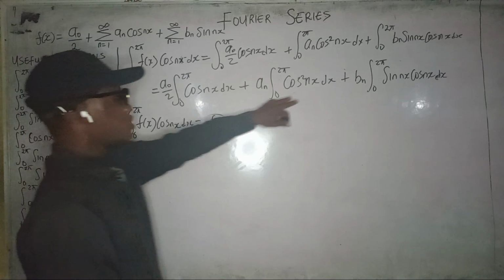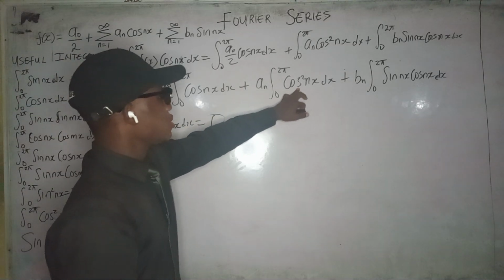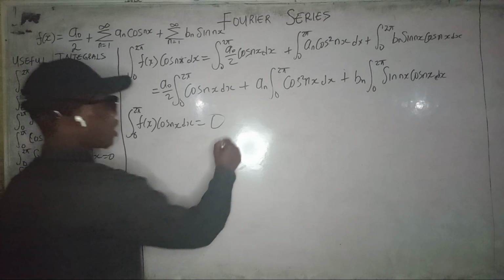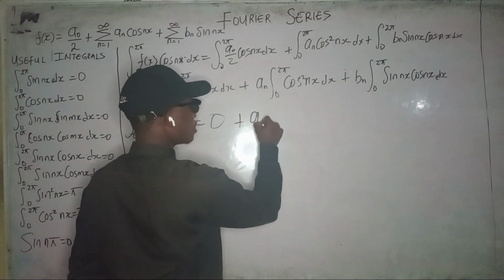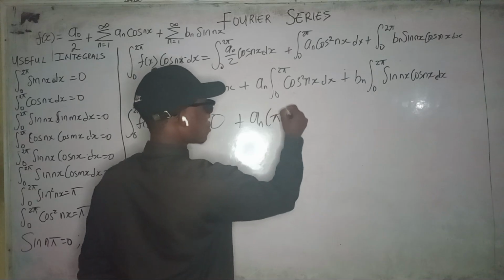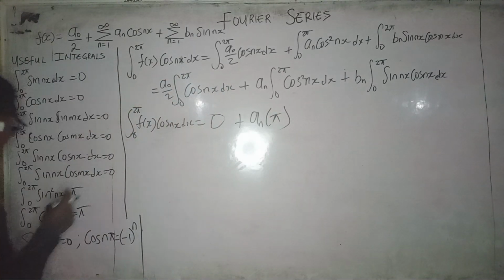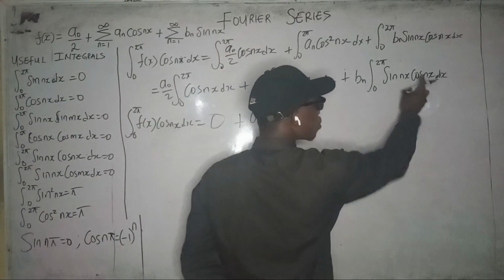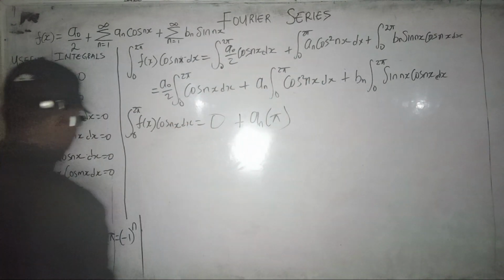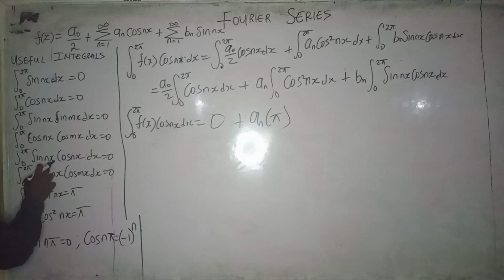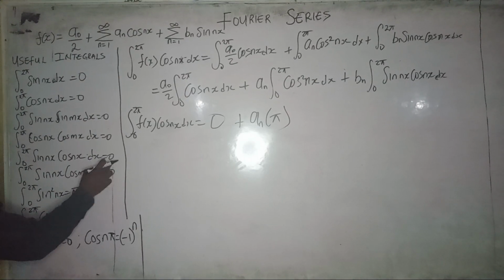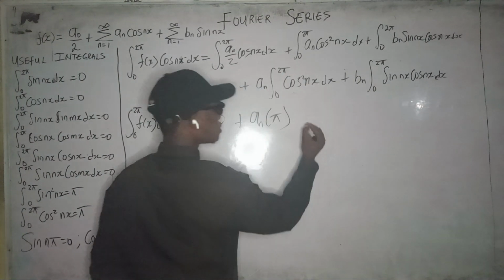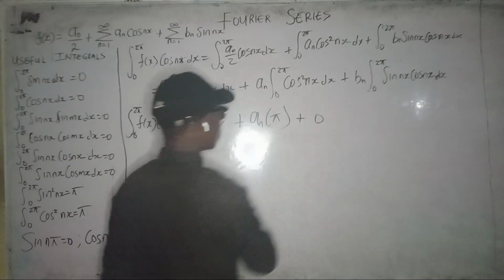Then this here is going to give us pi, so we have plus a_n times pi. And for this one here, we have sine nx cos nx dx. What is it going to give us? 0. So therefore, everything here is equal to 0.